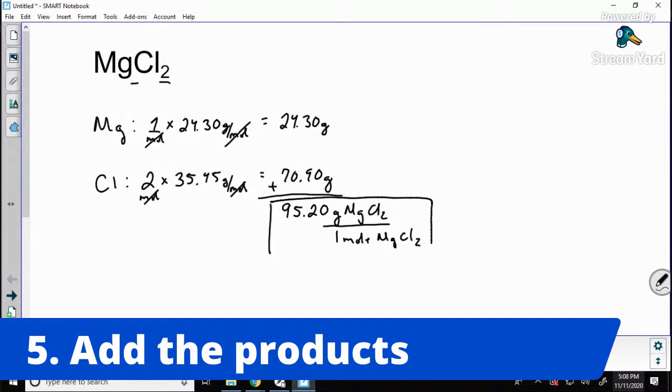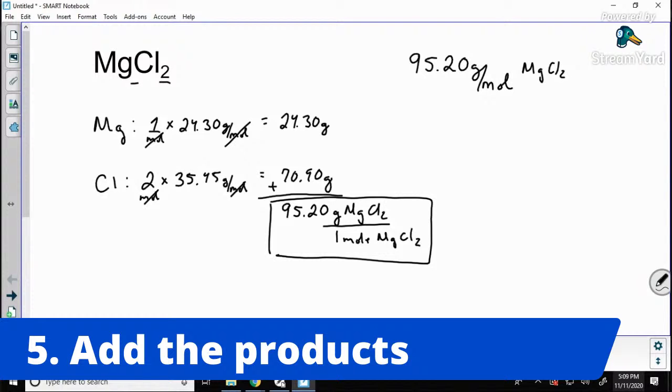So this would be the molar mass of magnesium chloride. Many times you'll simply see it written, though, as 95.20 grams per mole, where you can then either put the substance behind it or simply say that the molar mass of magnesium chloride is 95.20 grams per mole.